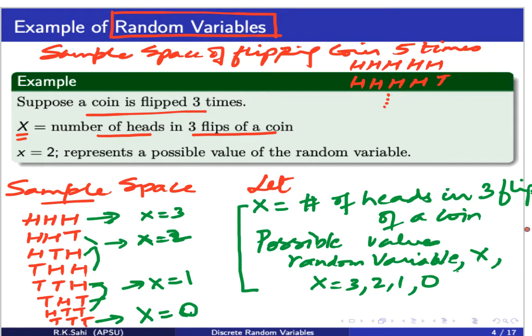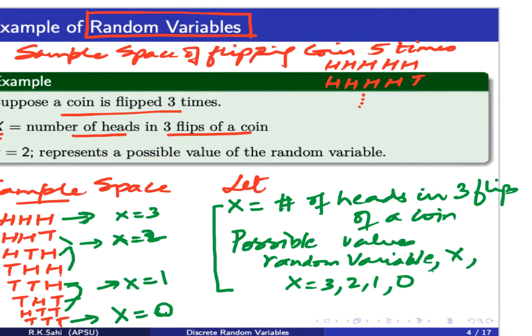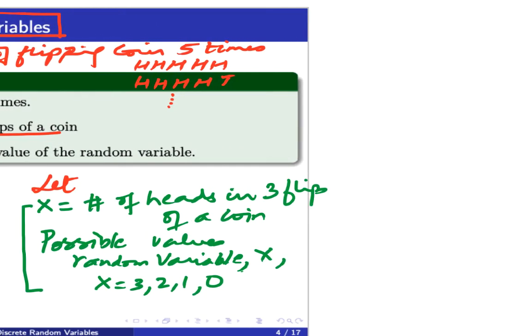When you have 5 flips of a coin, I do not have to write down all this information. I can say, hey guys, this whole sample space can be written in this form. We can say, let X be the number of heads. You can also say number of tails. It doesn't matter. It's basically going to be the same. Either it's going to be a head or a tail when you flip a coin. So I'm going to say, X is the number of heads in 5 flips of a coin.